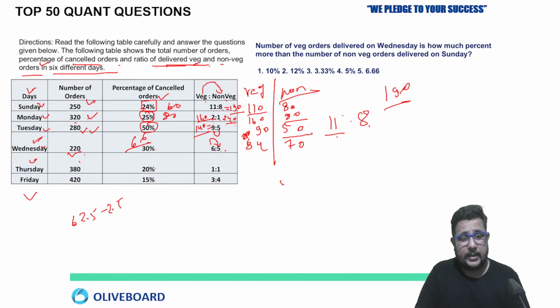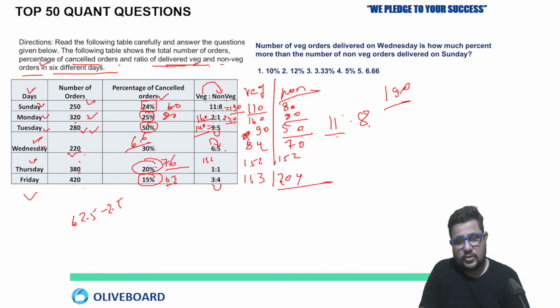Thursday, 380, 20% cancelled, so that is going to be 76. 10% of 380 is 38, 20% is 76. 380 minus 76, so you will get 304, so 152 and 152, 1 to 1. Friday, 420, 15%, so 15% is going to be 63, when you subtract you get 357. The ratio 3 to 4 makes 7x, so 51 into 3 is 153 and 204. So these are the complete details.